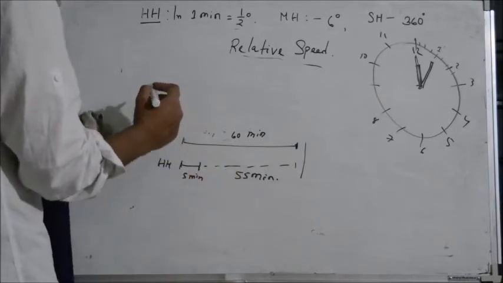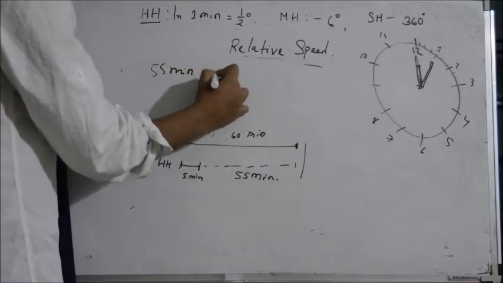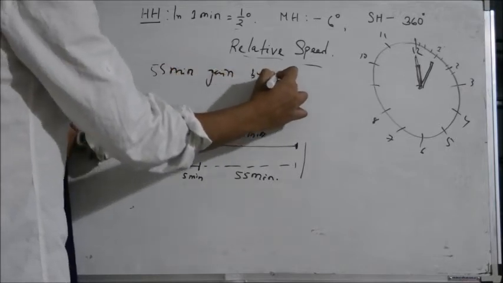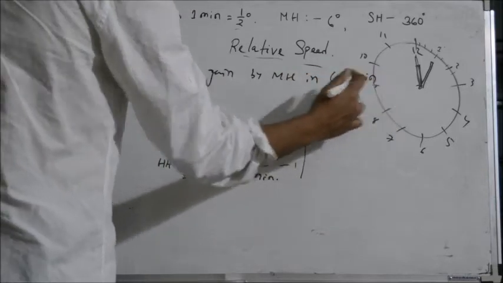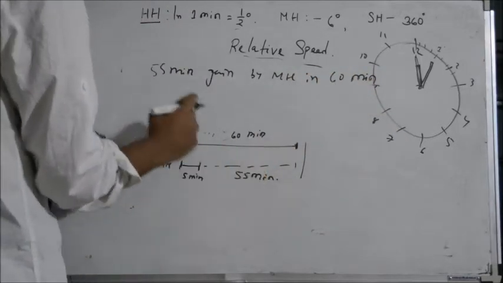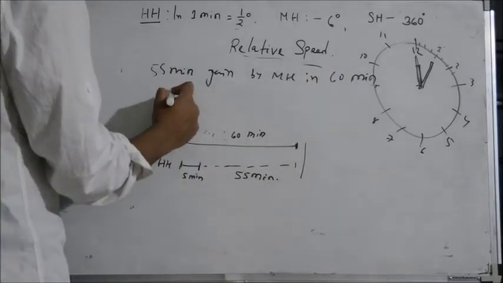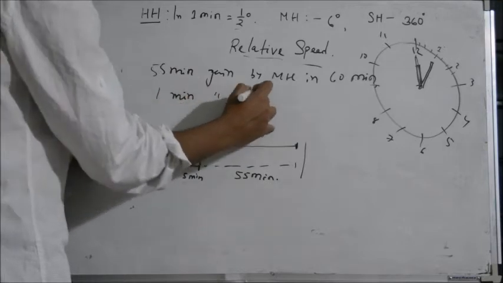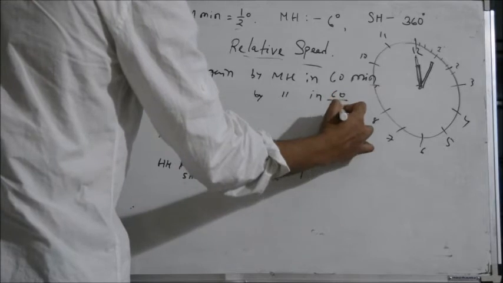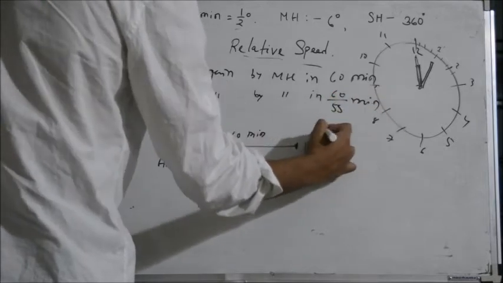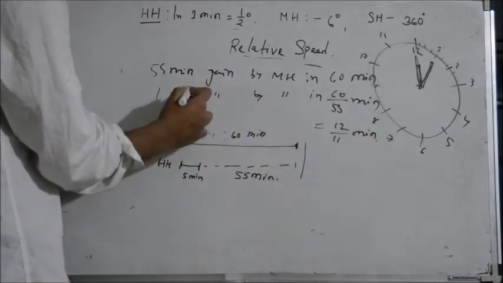Therefore, we can write: 55 minutes is gained by the minute hand in 60 minutes. Therefore, 1 minute is gained by the minute hand in 60 by 55 minutes, which is equal to 12 by 11 minutes. Now, what is 1 minute gain?